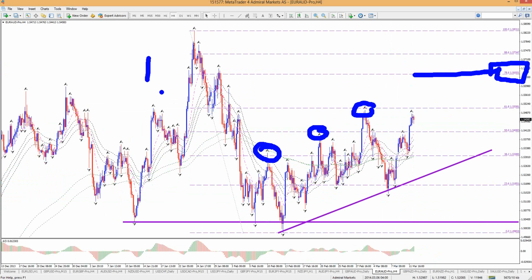If something happens once, it's coincidence. If it happens a second time, it's a pattern already. So with fibs, we see this happening multiple times over and over again on all time frames, on all currency pairs. So that's why fibs are so important.